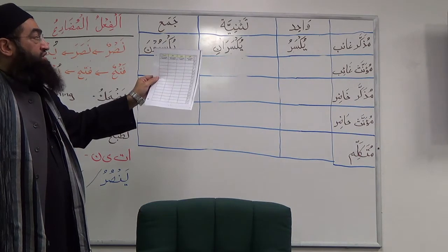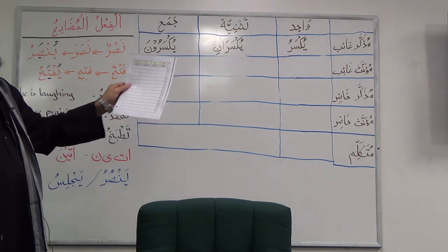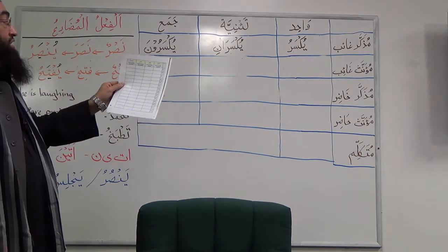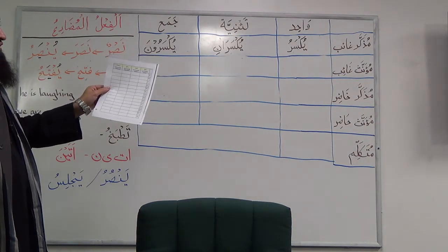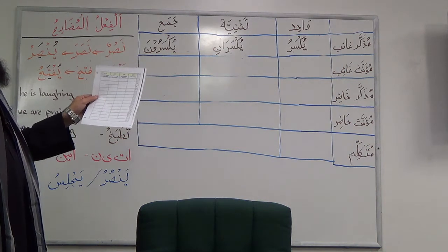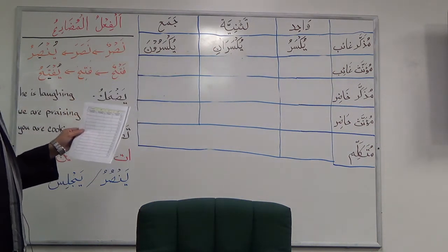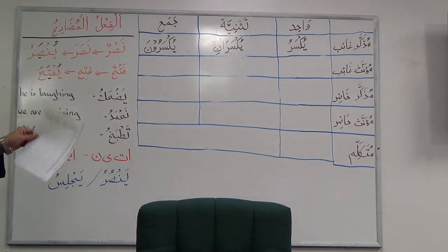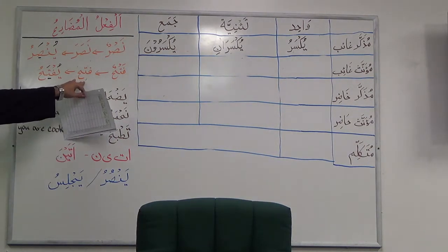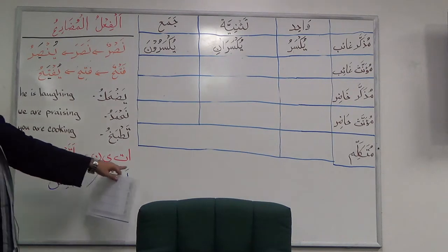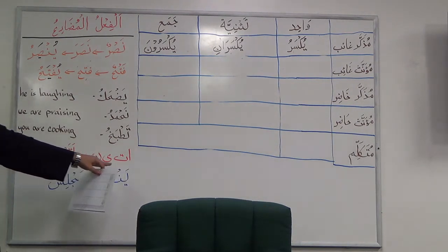Yunqalu, it is being transmitted. Naqal, intiqal, to move from one place to another. Yubhathu, it is being searched, or he is being searched. Alright? So you put a dhamma on the first letter, which is not the letters of the verb itself, not the root letters. It is one of the alamatul mudari', or the sign of mudari'.